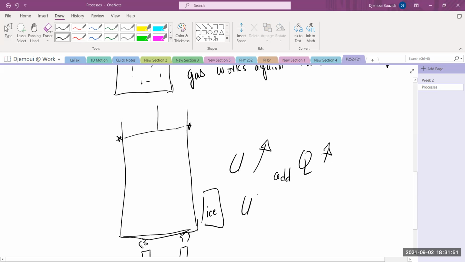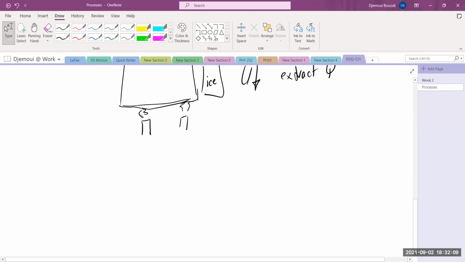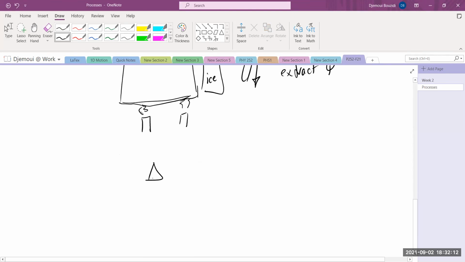So now U will go down, the internal energy down, if I extract heat. This was add heat, there is no up or down. Extract heat from it, okay? So that is basically what's going on in here. So what the first law says then is the following. The first law says the change in energy is equal to the amount of heat added plus the work that is done against the gas.